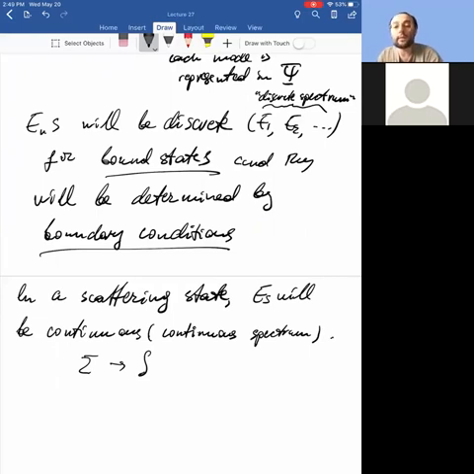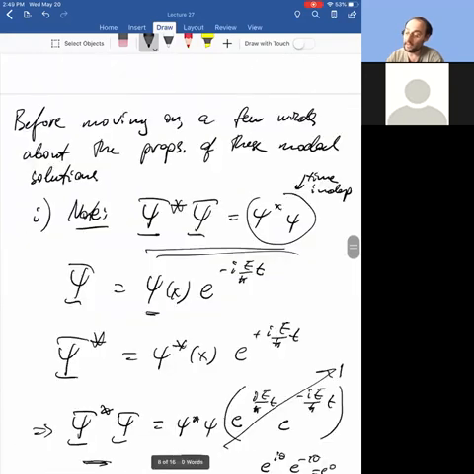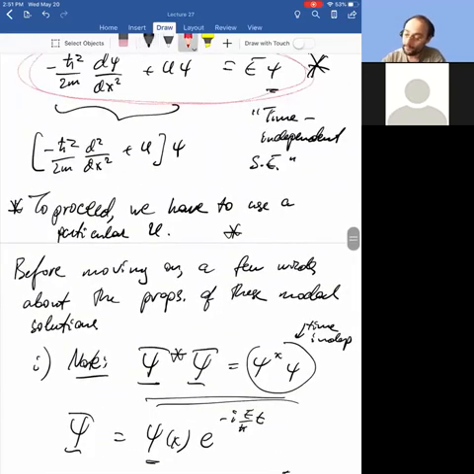We will mention some more properties of bound states as we go along. And the next thing to do is to start looking at particular physical situations. In the next lecture, I think we're done for today, I will remind you what's going on.